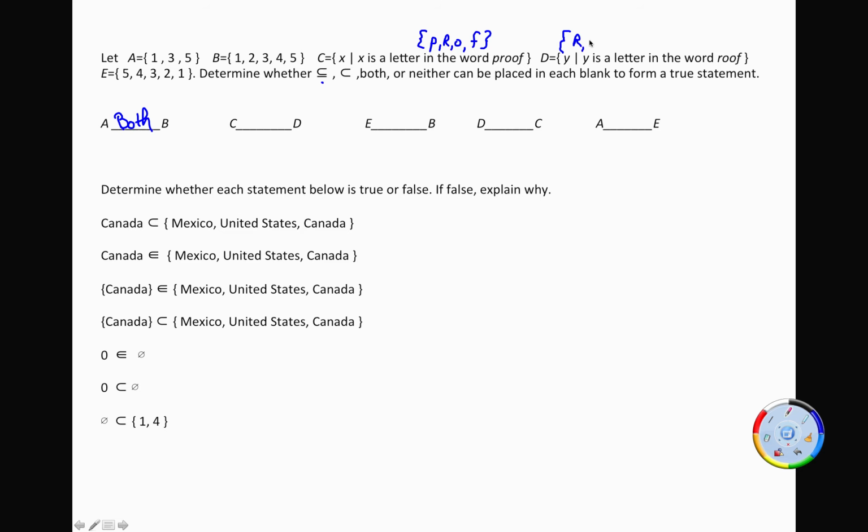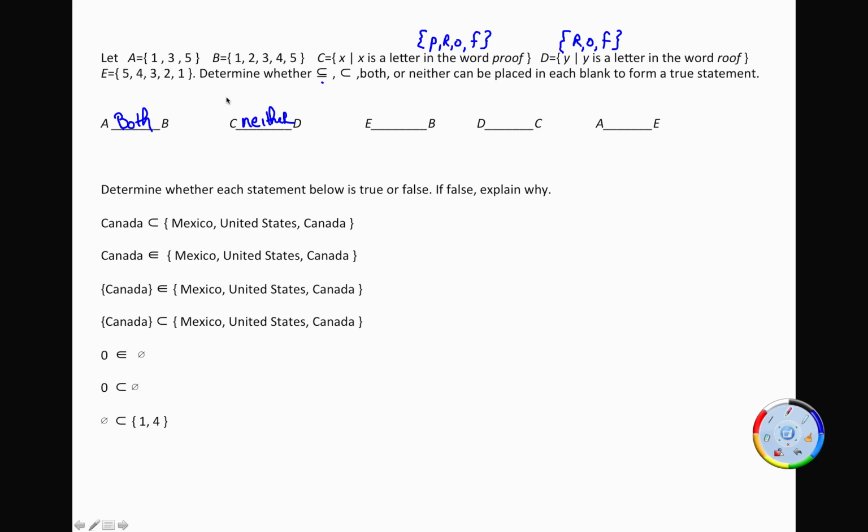D is R, O, F. So remember what it means to be a subset. Every letter in this set must be a member of this set, or alternatively, there cannot be any letters in this set that are not here. Oh, P. This is neither. If it's not a subset, it's definitely not a proper subset. So I can't place either of those symbols between those two sets.